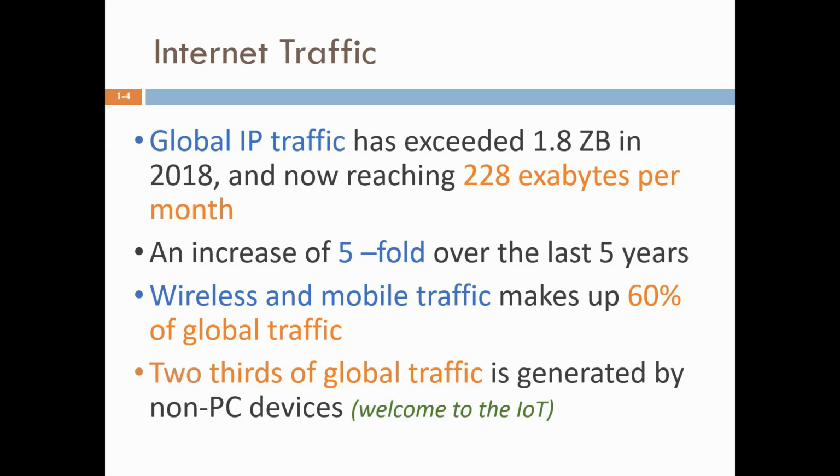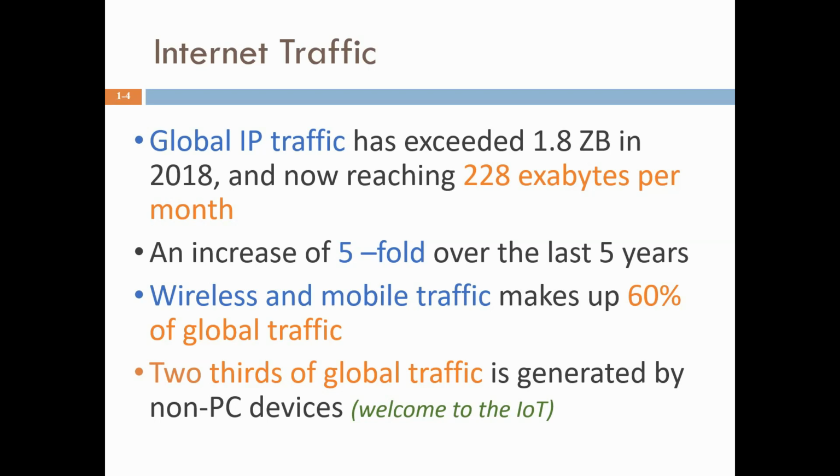If you have ever wondered how much data is sent over the internet in a period of time, as of 2018, or actually I think 2017, we went into the zettabyte era. The zettabyte is 10 to the power 21, I think. That's the total amount of traffic that moves around the internet in 1 year.